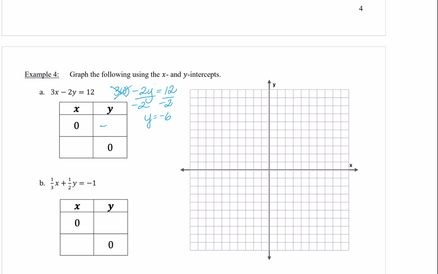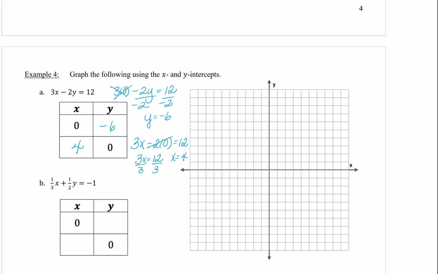And then for my x-intercept, that's when y is 0, so we plug in 0 for the y term. So I would have just the 3x minus 2 times 0, that's just going to be 0, equals 12. So I just have 3x equals 12. So I divide by 3, x equals 4.